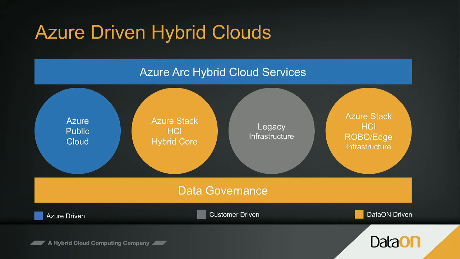You're not tied into one vendor. We allow you to use this layer to really manage a multi-cloud environment. That's a really great direction that allows you to not have a single public cloud lock-in, right? So the concept of Azure Arc hybrid services is a great direction that Microsoft continues to promote to make sure you have options as you look at the hybrid cloud solution.